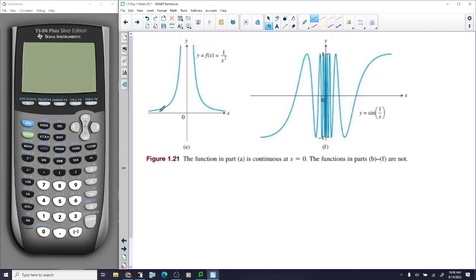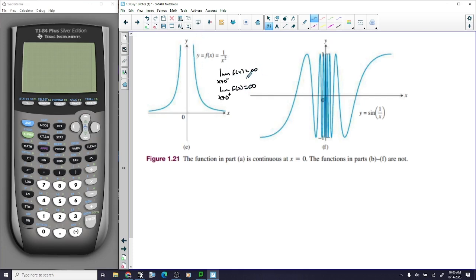Here we don't have a function value. Here's what we could say about this. The limit as x approaches 0 from the left of f of x is infinity. And the limit as x approaches 0 from the right of f of x is also infinity. But these are not necessarily the same.